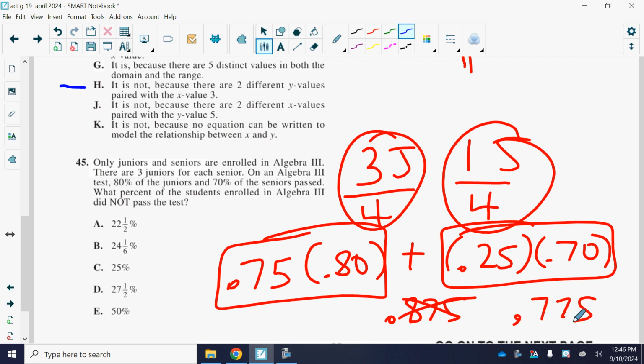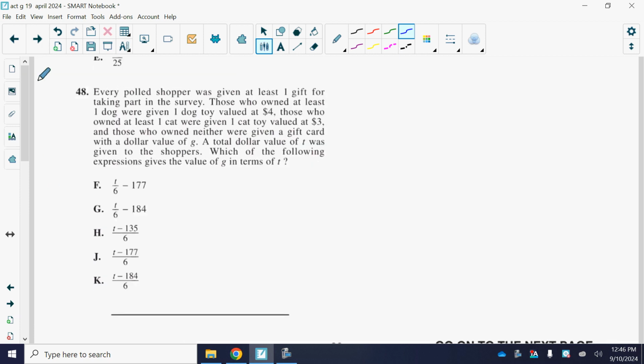Now be careful, that means 77.5% passed. Not passed, the percentage that did not pass is 1 minus the answer. So it's 22 and a half percent of those that did not make it.